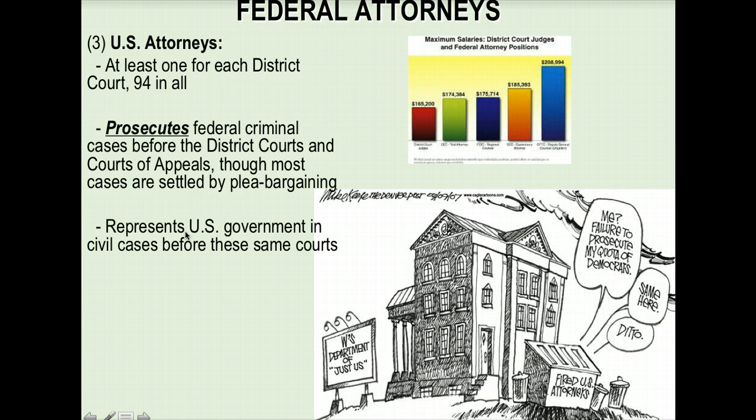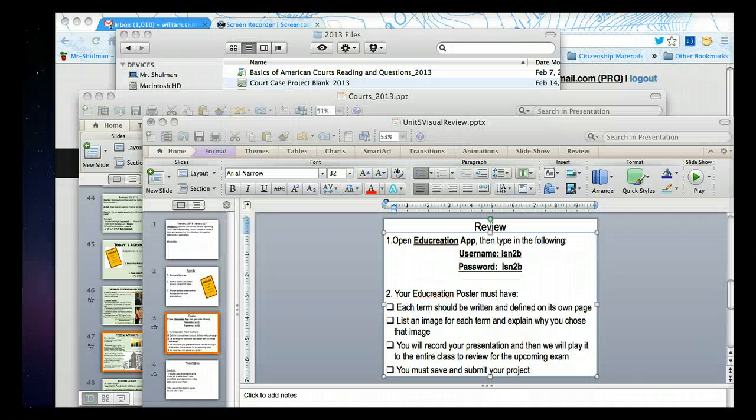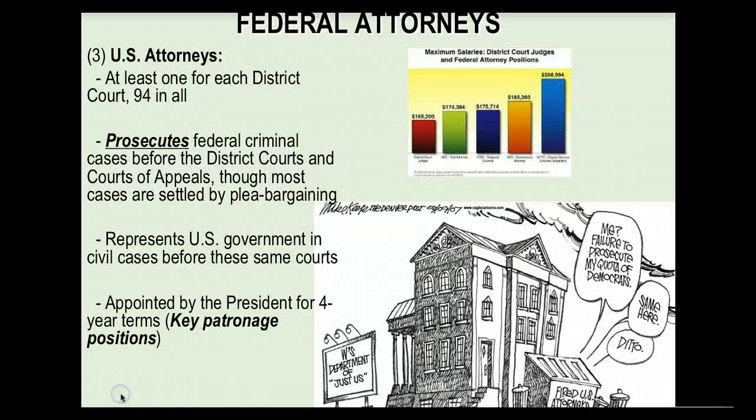Their job is to represent the U.S. government, whether it's in a civil case or criminal case, and this is a position that is appointed by the President, and the Senate must confirm.